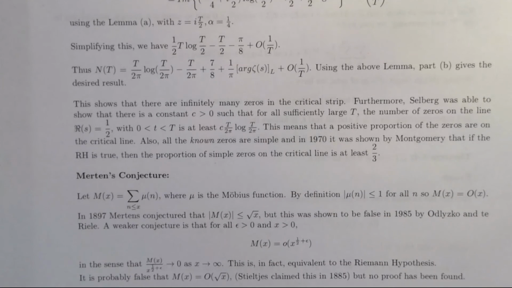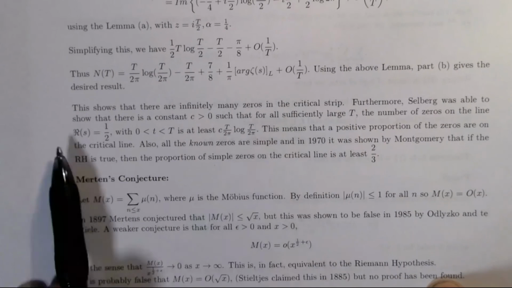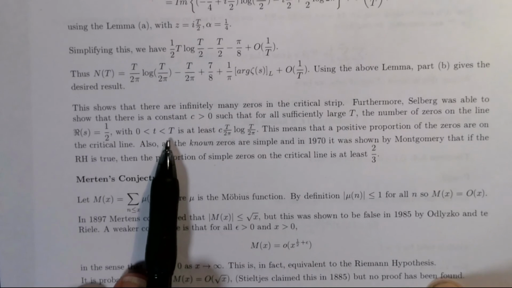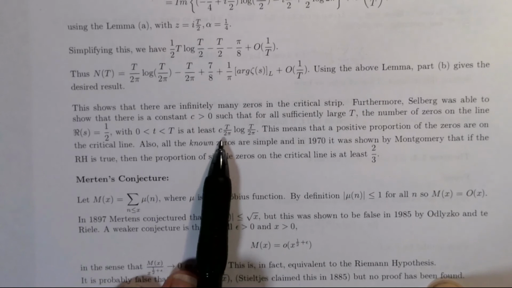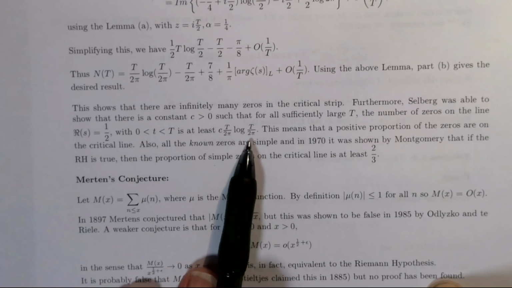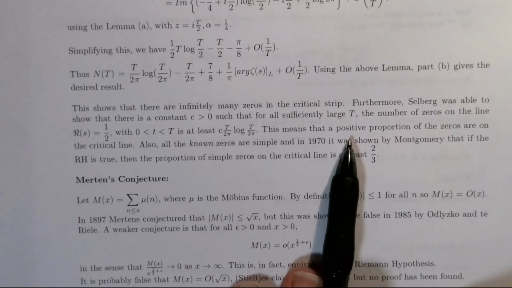Moreover, Selberg was able to show there is a constant c, such that for all sufficiently large T, the number of zeros on the line real part of s is a half, from t going from 0 to capital T, is at least this constant times T on 2 pi log T on 2 pi, and that means that a positive proportion of zeros are on the critical line.